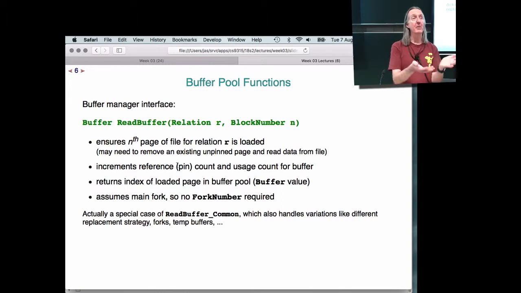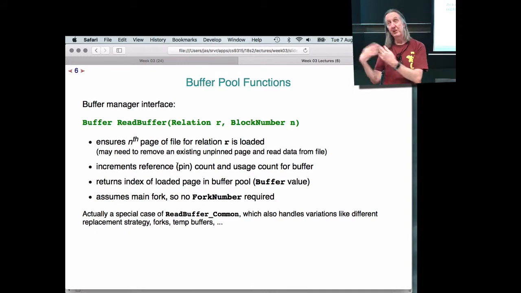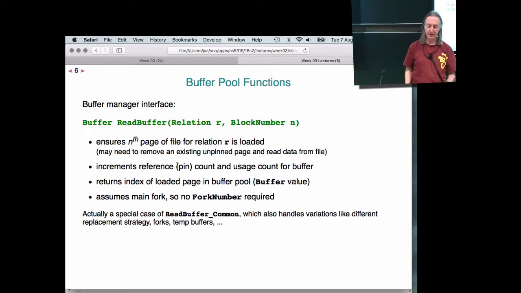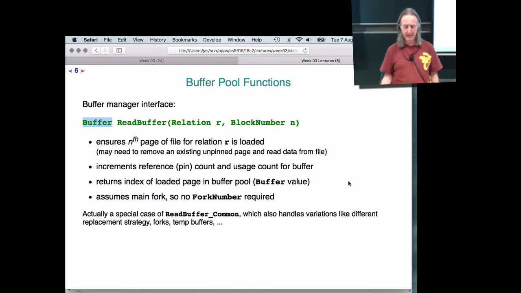Referencing the pin count, if the buffer's already loaded, then you increment the pin count. If the buffer's already loaded, the usage count might be greater than 0, so it goes up by 1. And what this function returns is an index value into the buffer pool, and doesn't give you back a fork because it assumes that the main fork is what you're after.